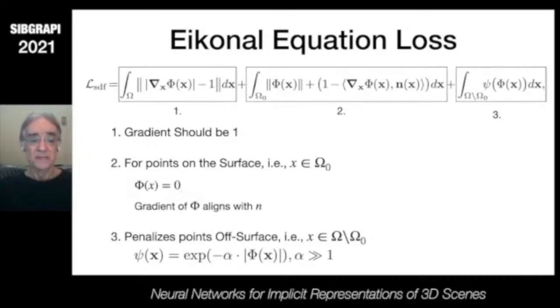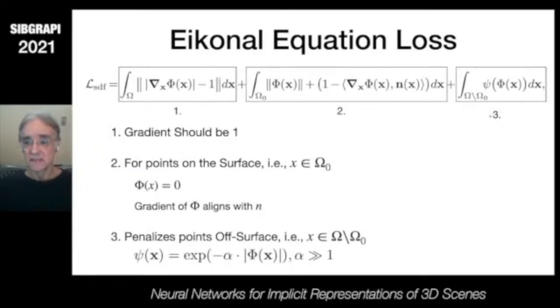And also we want to align the gradient of the function at those points with the normal of the surface. So we are giving not only the value of the function, but the normal of the surface at that point. If you minimize this, it's going to give a gradient that aligns with the normal of the surface. And so this makes it possible for us to represent the geometry of the surface in a very good way.